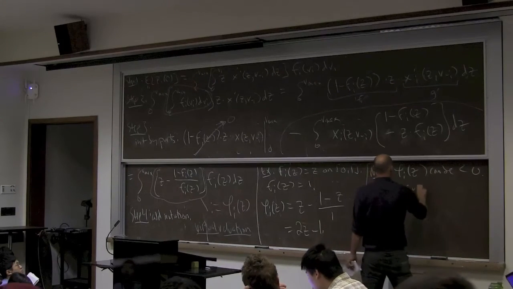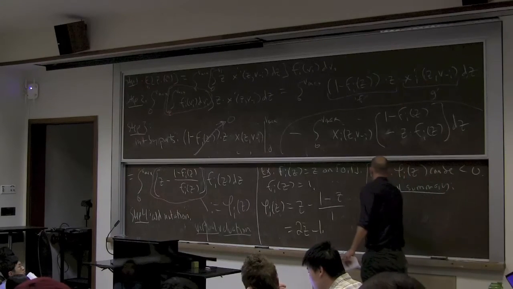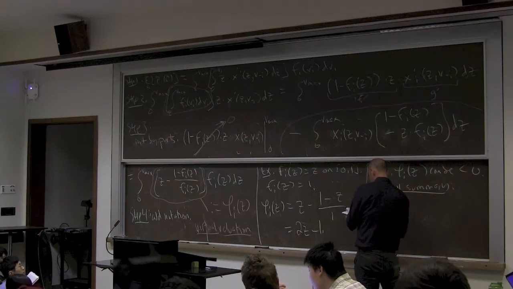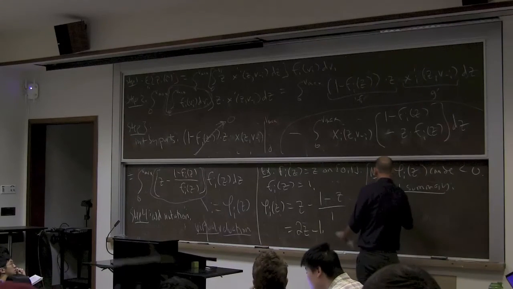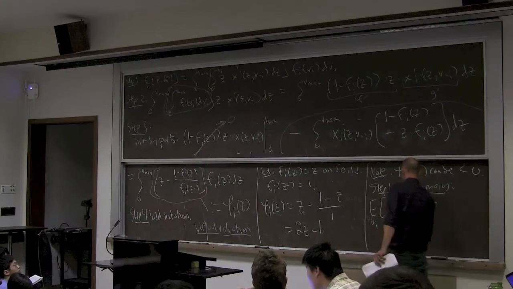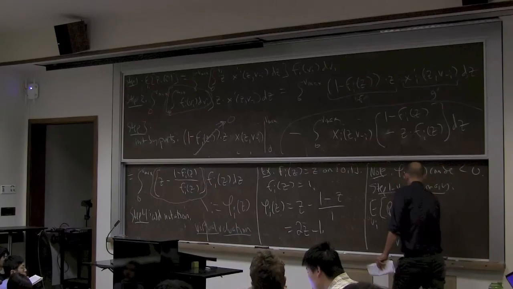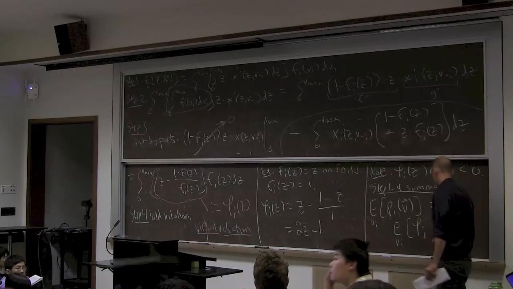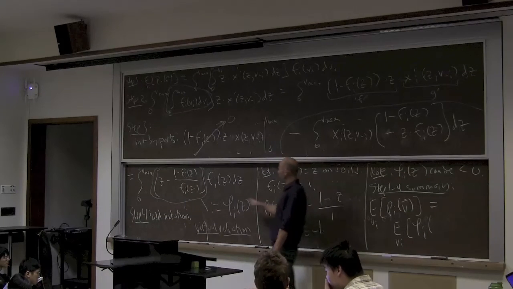Let me summarize what we've proven. How much money do you make from bidder i? You make precisely the expected value of its virtual value. What I'm doing now is interpreting z as a valuation.